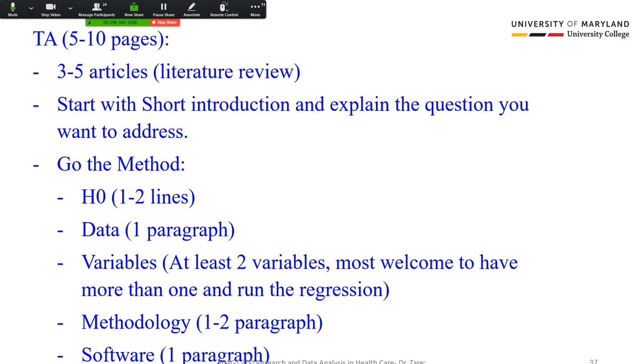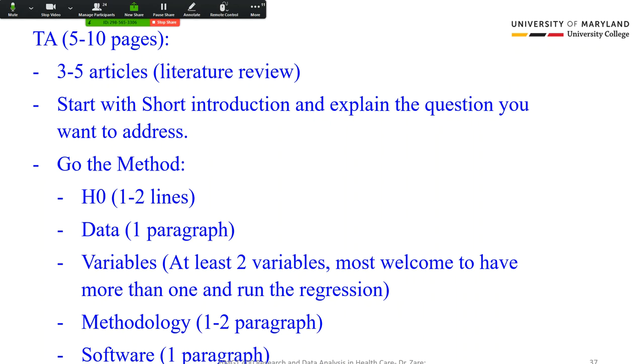Each member takes one article and discusses 4 main sections: a very short introduction of the article, the methodology including the data, research question, and type of analysis, and the result and discussion.